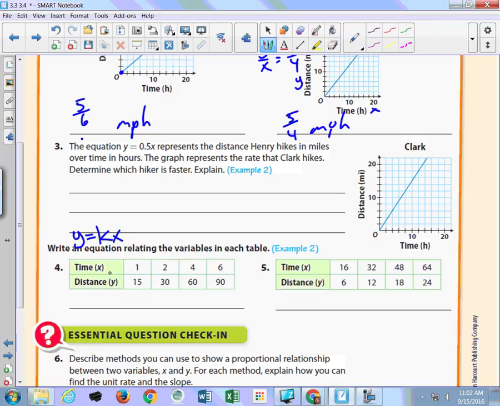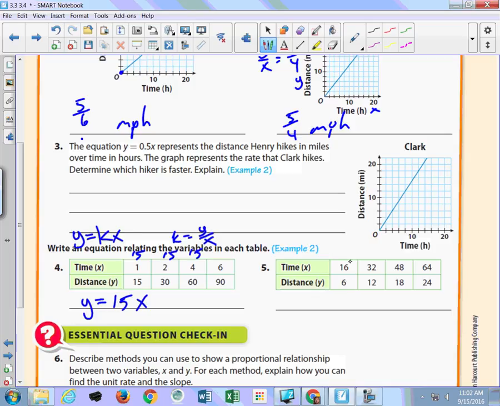So to find k equals y over x. So 15 over 1 is 15. 30 over 2 is 15. 60 over 4 is 15. So what is my k? k is 15. So I'm going to plug in 15 for the k. So y equals 15x.